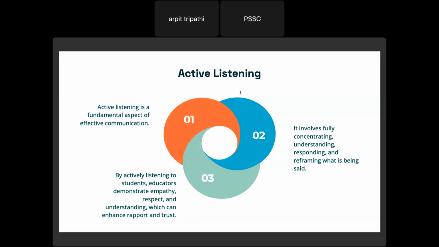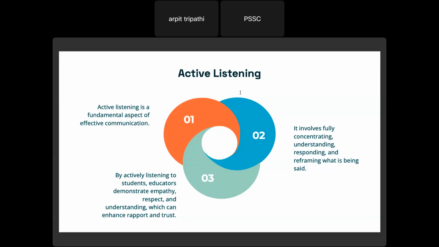When instructions, explanations, and feedback are communicated clearly, students are less likely to misinterpret the information, leading to improved academic performance and engagement.